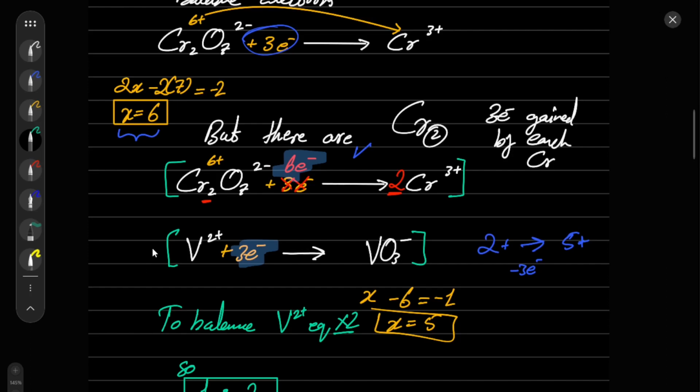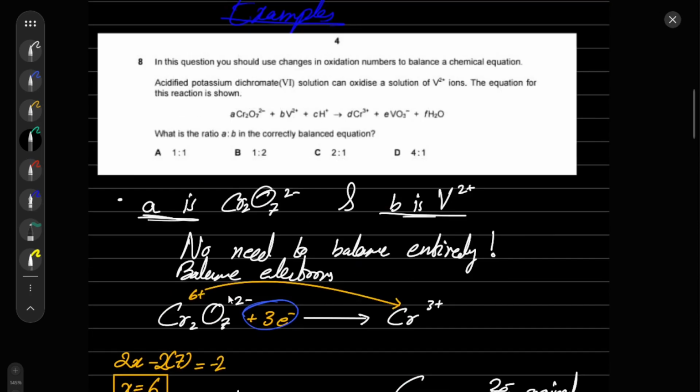If I basically multiply this entire equation by 2, this 3 becomes 6, the electron count is balanced. So that means that the ratio of V2 plus and Cr2O7 is 1:2. So the overall answer I get for this MCQ is B.